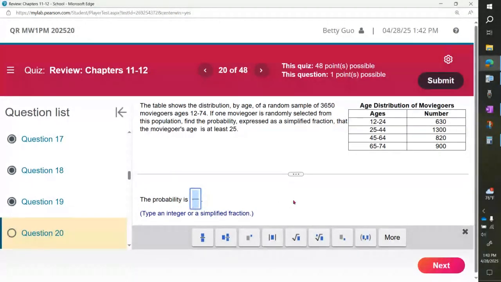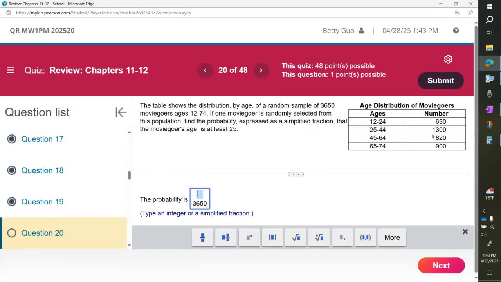The denominator is going to be the total number of outcomes or total number of subjects in the sample space, right? We have 3,650 people, 3650, that's the denominator. Among the 3,650 people, how many of them are at least 25 years old?